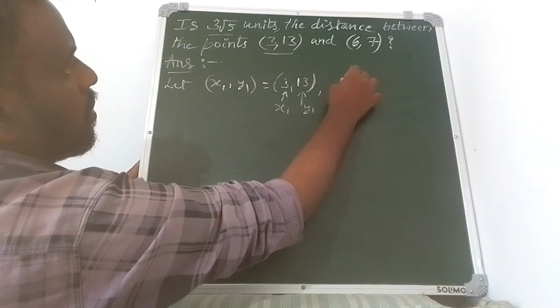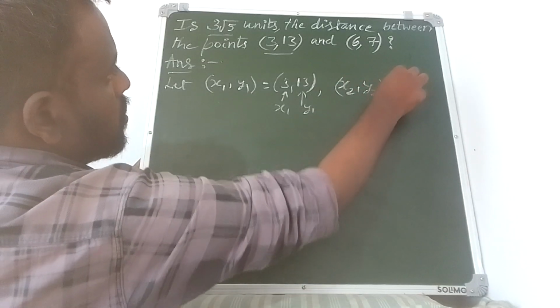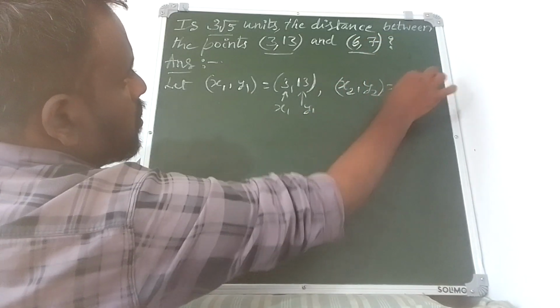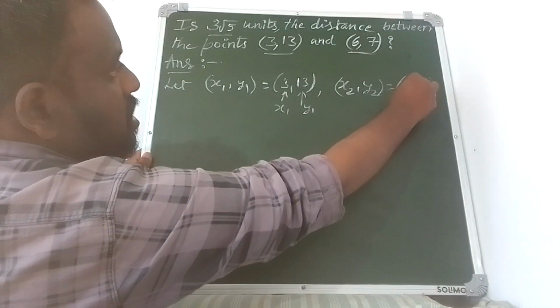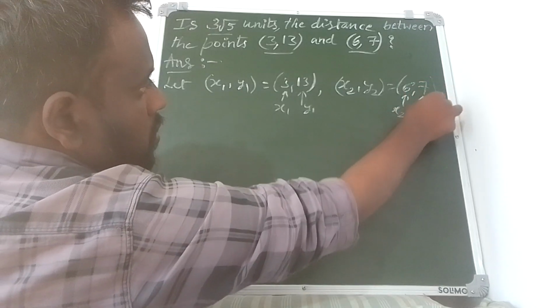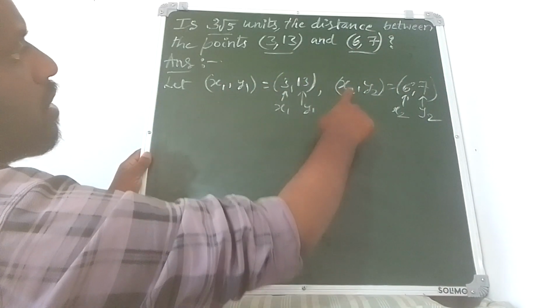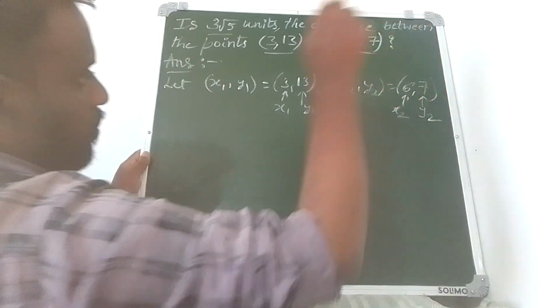Next we will take x2 comma y2 is equal to this 6 comma 7. Okay, so this is x2, this is y2.